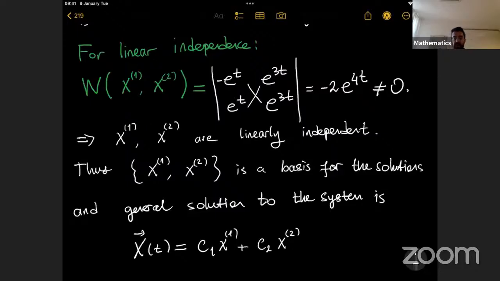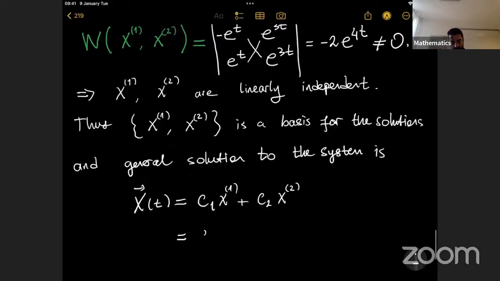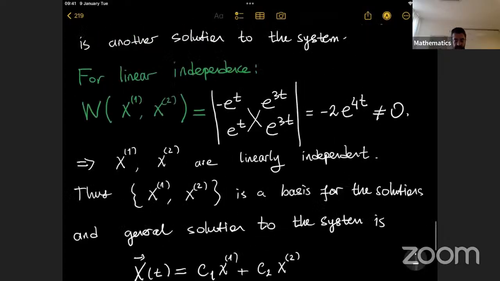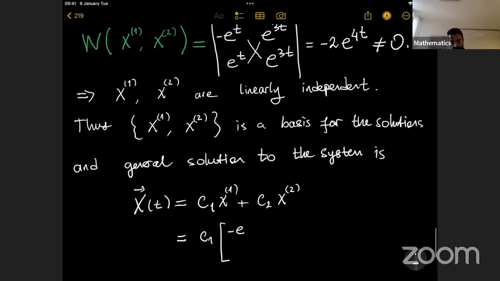Here c1 and c2 are real, or more precisely, this is c1 times, remember x1 is (minus e to the t, e to the t), plus c2 times (e to the 3t, e to the 3t), okay?